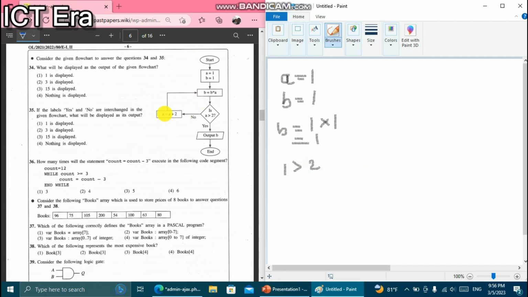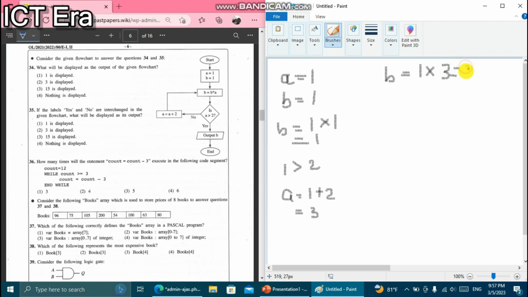No. Then the flowchart will repeat again. Then what happened? New A is the previous A, 1, plus another 2. How much? 3. Then this one will repeat here. Now new B is equal to previous B, 1, times new A, 3.